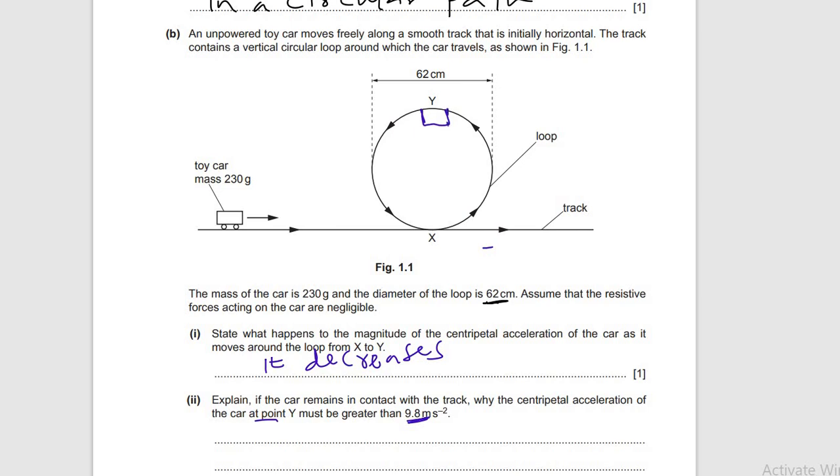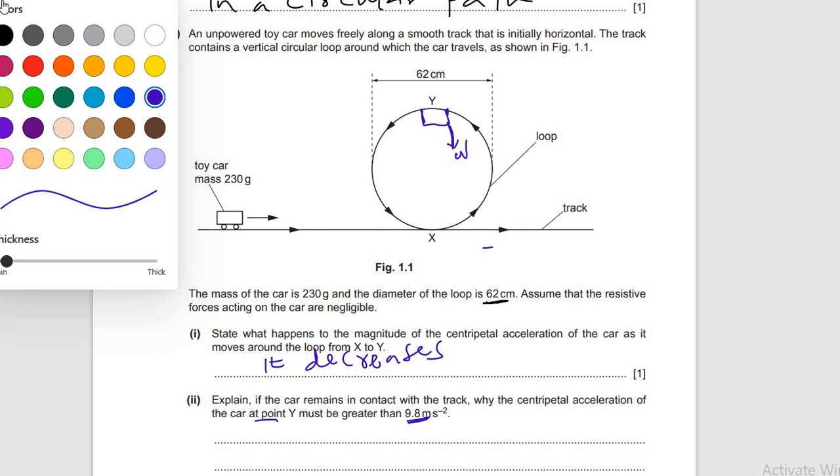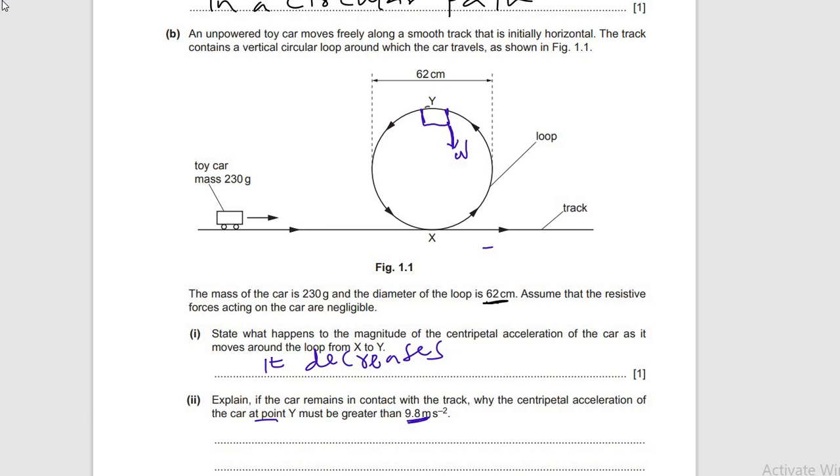The weight of the car is in this downward direction. Also the reaction of the track on the car is downward.